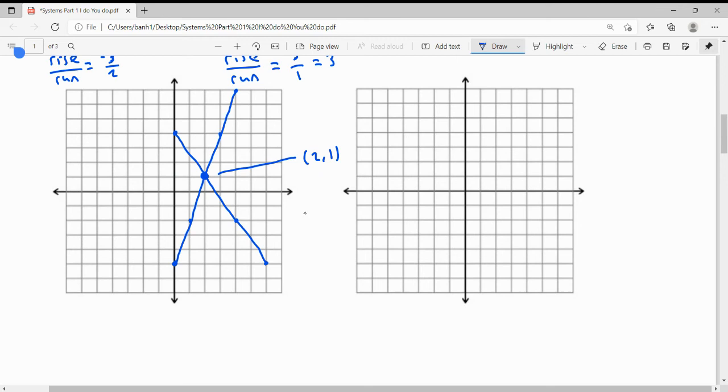So now that I found that point, I can say that the solution to the system of equations is (2, 1).